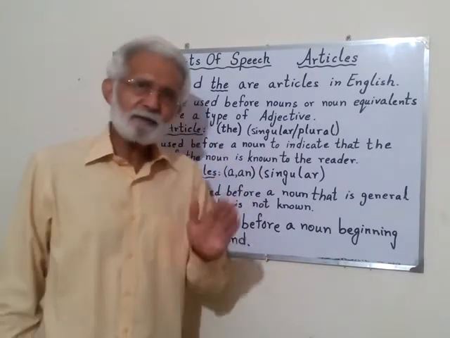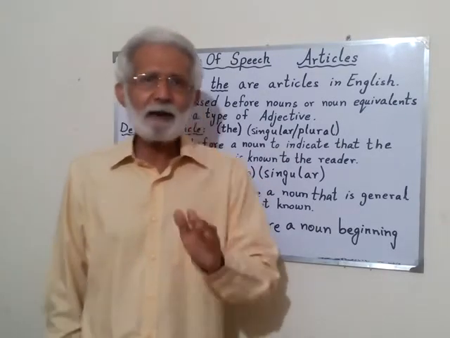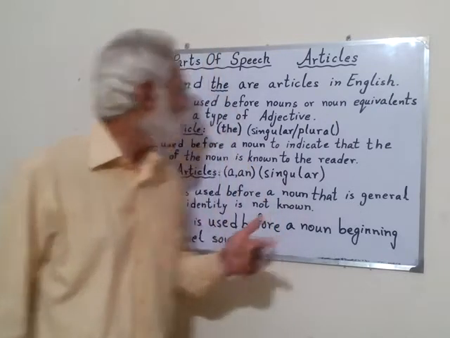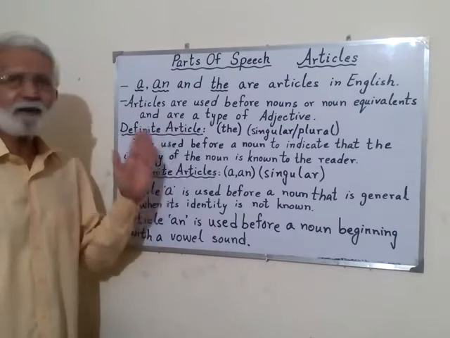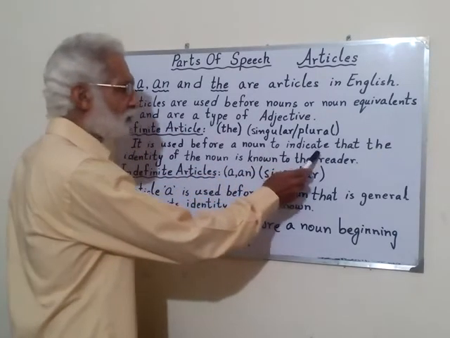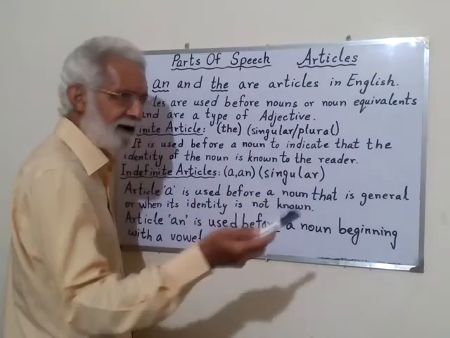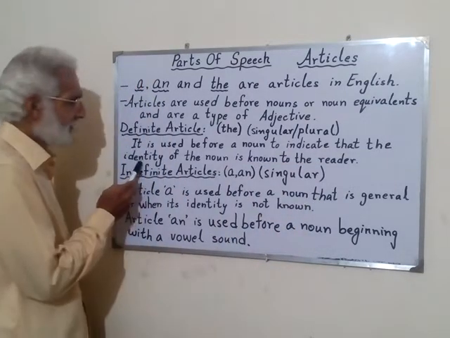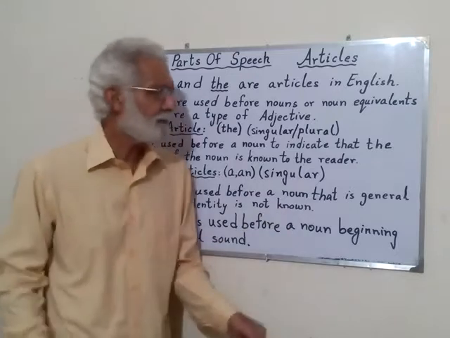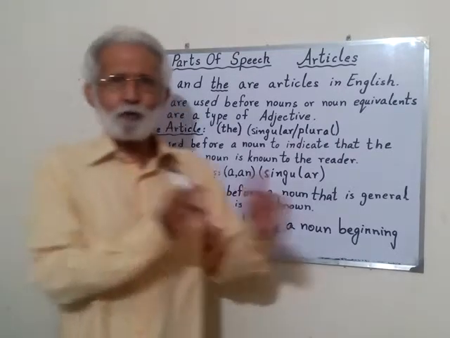Why? Because a and an mean one. Therefore. So look at the definite article the. It is used before a noun to indicate that the identity of the noun is known to the reader. Identity is known to the reader.